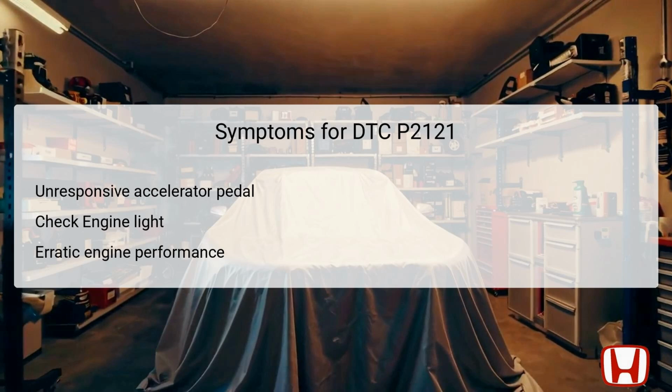Drivers may also observe the check engine light illuminating on the dashboard, indicating diagnostic trouble codes have been detected. Additionally, erratic engine performance may manifest, including stalling, hesitation during acceleration, or a decrease in power output, making it crucial to address this error code promptly to ensure optimal vehicle operation.